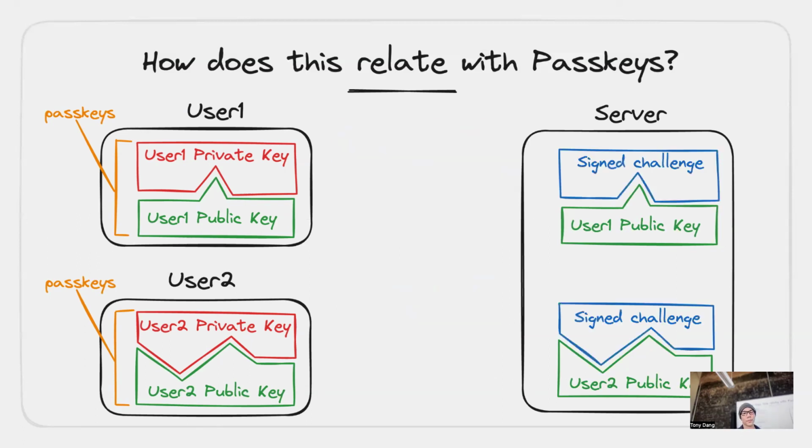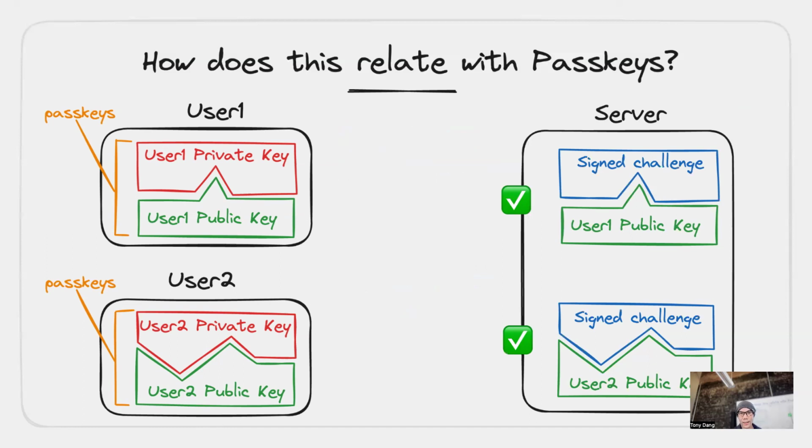Once on the server, it will check to make sure that, number one, the challenge is the same challenge that was issued. And then secondly, that the challenge has the same signature that matches the public key that is on the server. And if all that matches, then the user is verified and they can sign in to the application.